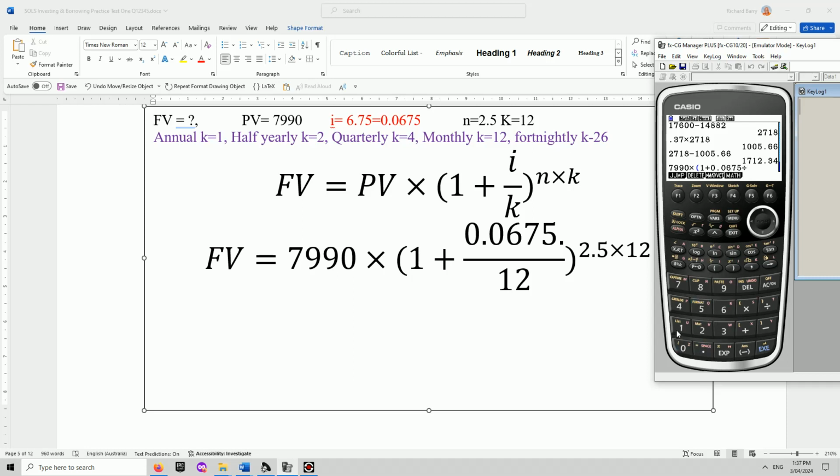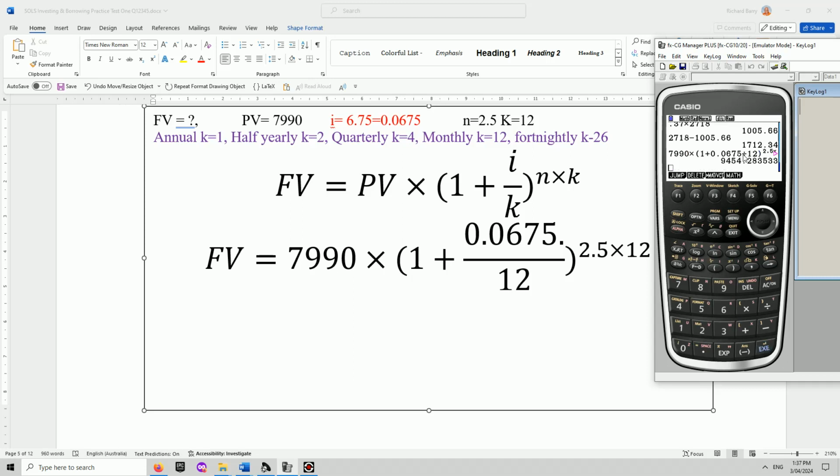Only this first bit gets divided by 12, so make sure you put that plus in there, to the power. I could do 2.5 times 12 on the calculator, or in my head: 2.5 years is 30 months.